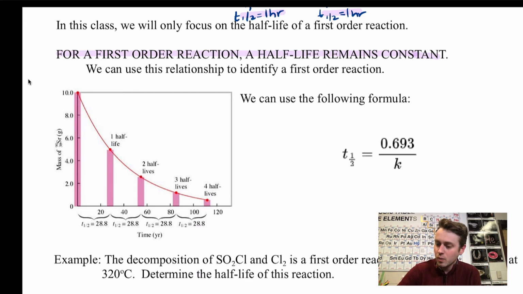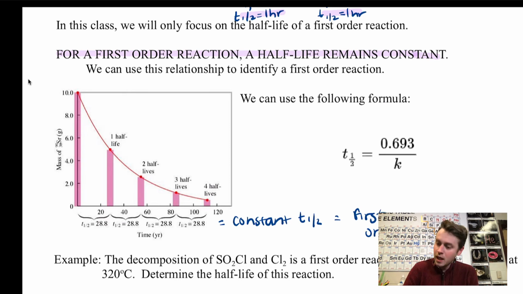You can see here we're going from 10, then down to 5, 2.5, 1.25. But the half-life is actually the same every time it's halved. So since we have a constant half-life, we know that this is a first-order reaction.